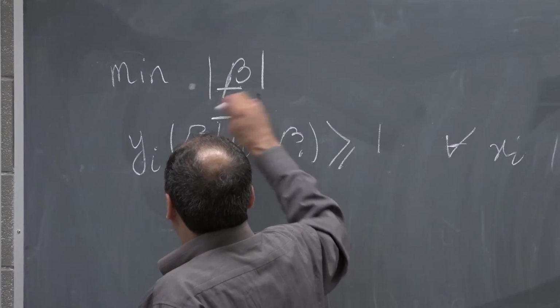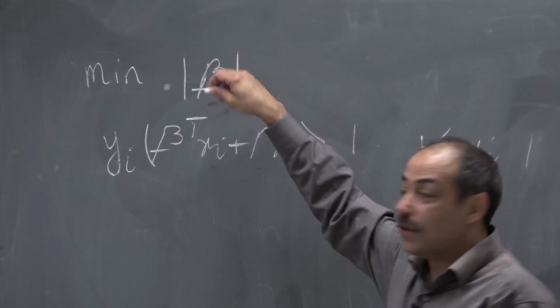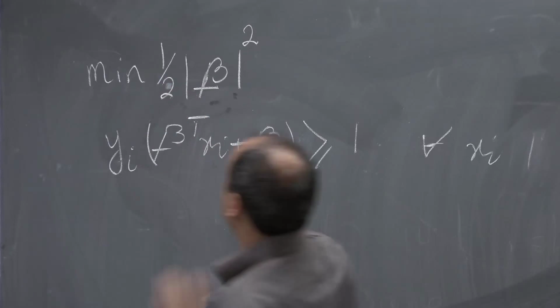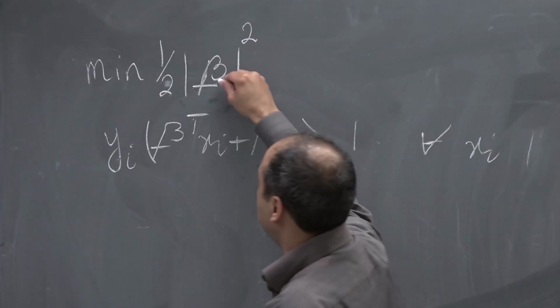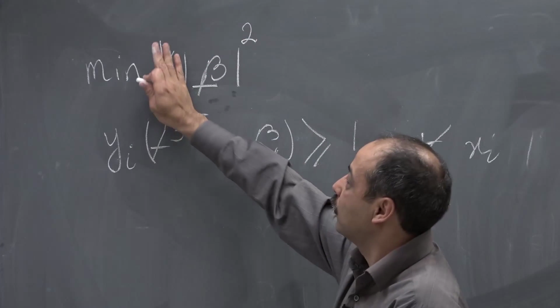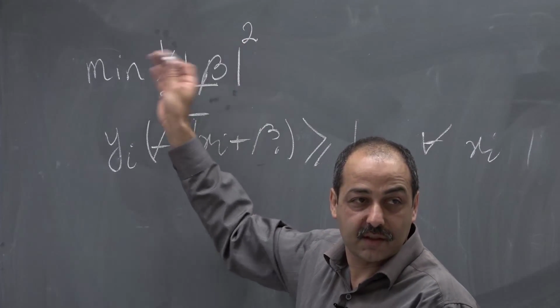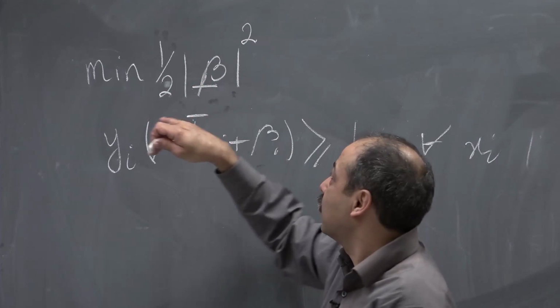So I have to make it more concrete. What do I mean by norm of beta? Let's do, I put 1/2 here and beta squared. If I don't put 1/2 here, nothing will change except that when I take the derivative, it would be easier. They cancel each other.